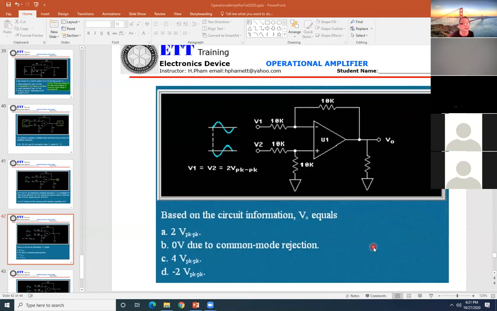Now, based on the circuit information, what is Vout? You do the calculation for me. V1 equals V2 equals 2 volt peak to peak, and they want to know what the Vout is.